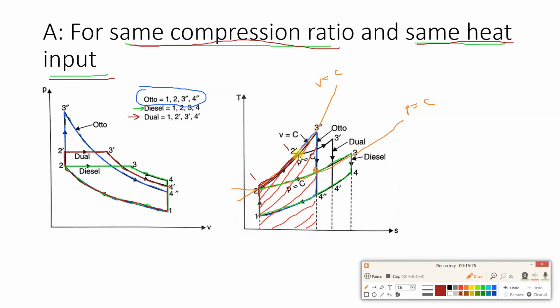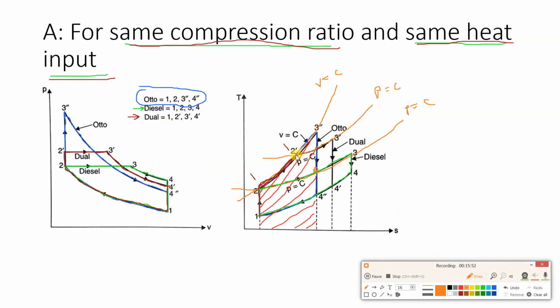Now from 2 dash point we have to draw constant pressure curve, and we know that constant pressure curve is having less slope as compared to constant volume. So from 2 dash, here you can see I am drawing constant pressure curve. So this is constant pressure equal to constant curve for dual cycle.